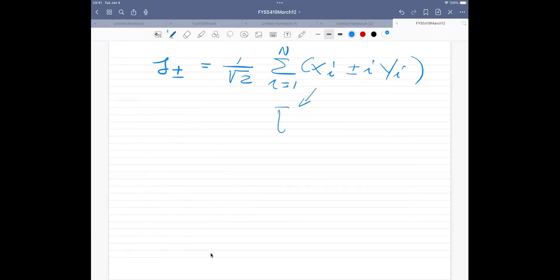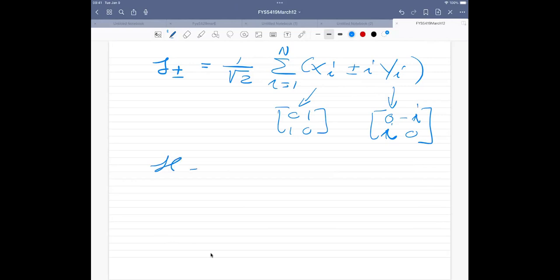This is just 0, 1, 1, 0. And this quantity here is just a Pauli y matrix, which is 0, minus i, i, and 0. And this has a minus i and a plus i.